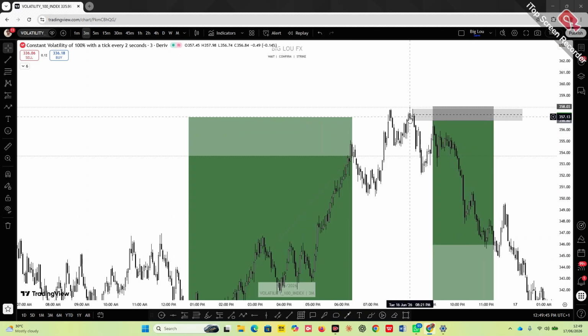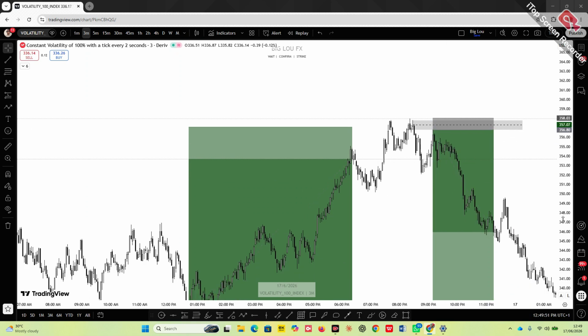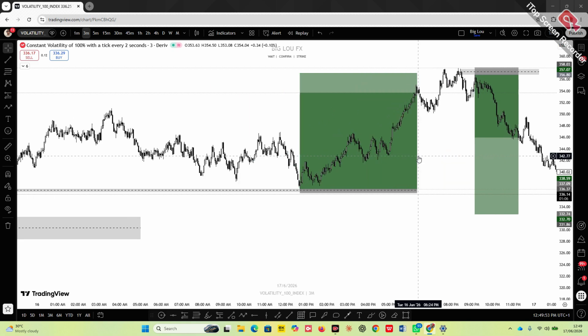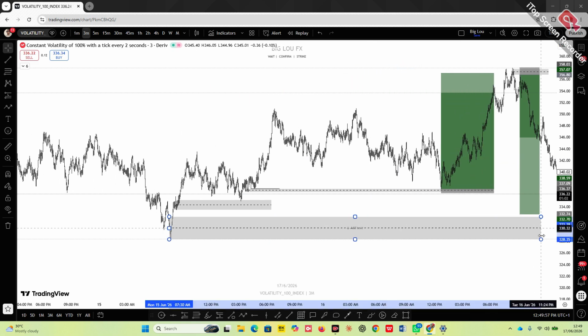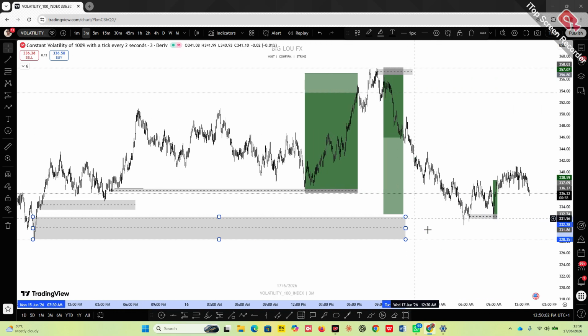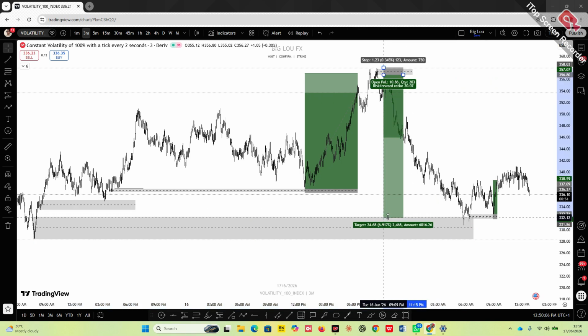So now we have this supply zone on 3 minutes that is not mitigated. Price came back, tapped into it, and then we target the opposing liquidity. The opposing liquidity now is this 15-minute zone. This 15-minute demand level is the opposing liquidity, which was what we targeted.